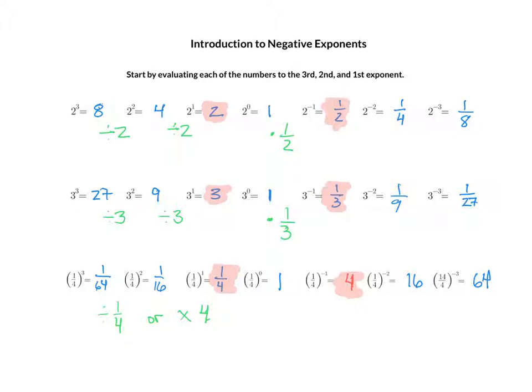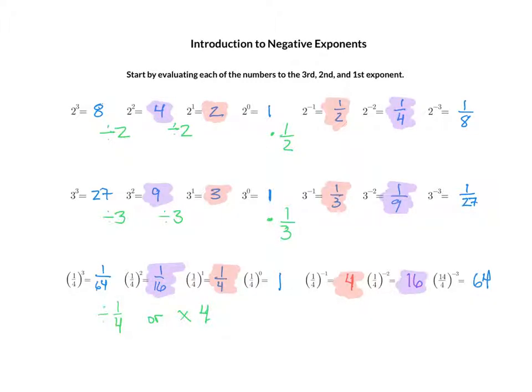If we look at 2 squared, which is 4, 2 to the negative 2 is 1/4. 9 and 1/9. 1/16 and 16.